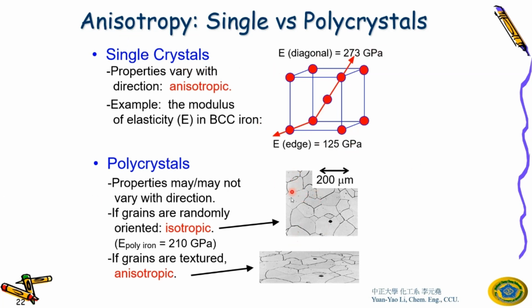For example, if you have a grain like this, we already know this, so I skip this. For example, you have polycrystalline. This polycrystalline has small grains in all directions. You have all the directions the same, so this is called isotropic. And if you make elongated grains, this is anisotropic.